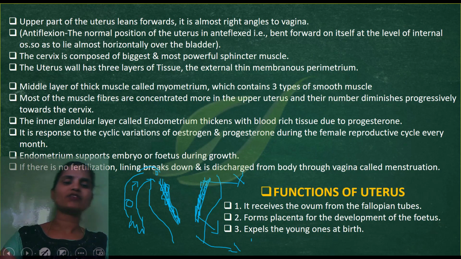This occurs if there is no fertilization. The lining breaks down and is discharged from the body through the vagina, called menstruation.